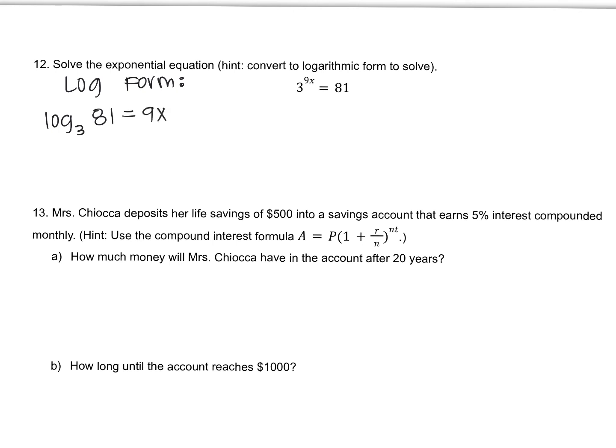Now, in order to evaluate log base 3 of 81, I'm going to use the change of base formula. Some of your calculators may allow you to evaluate logarithms with different bases, which if they can, great, use it. But if they can't, you're going to want to use the change of base formula, which says to do the log of a divided by the log of b. It is important here to remember those parentheses around the numbers in the numerator and denominator.